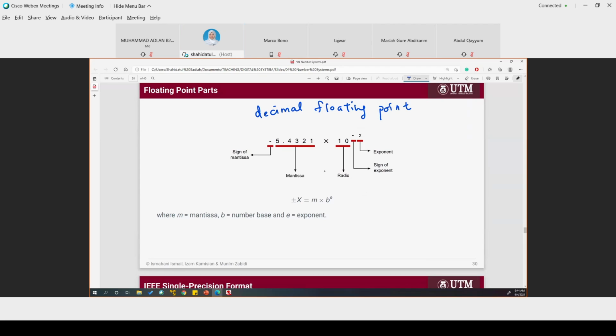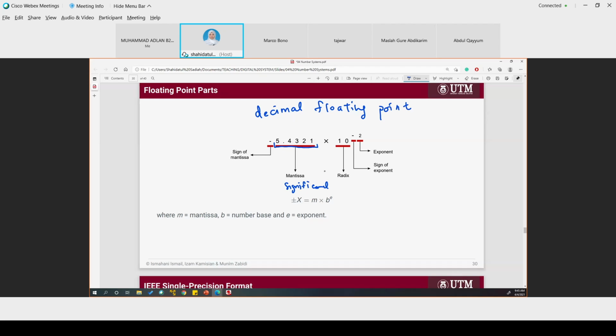In decimal floating point, we have the sign, we have the significand. So this is the significand, but back then it's called the mantissa, and we are still calling this the mantissa.